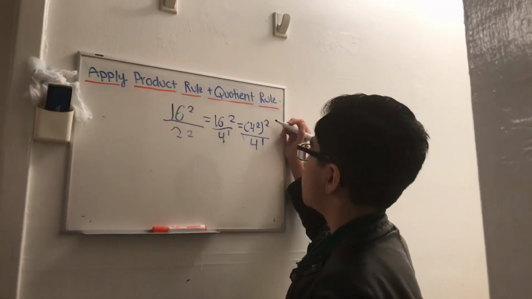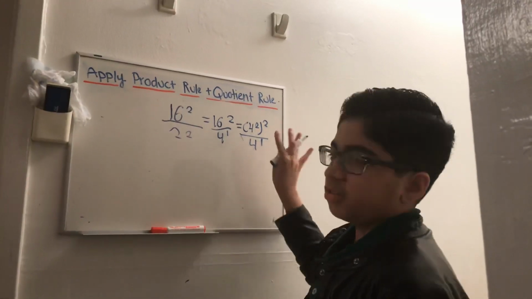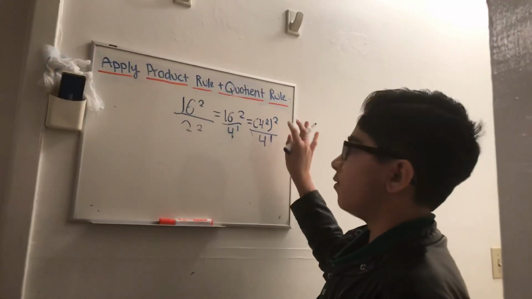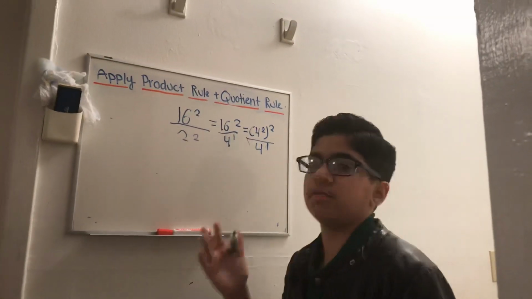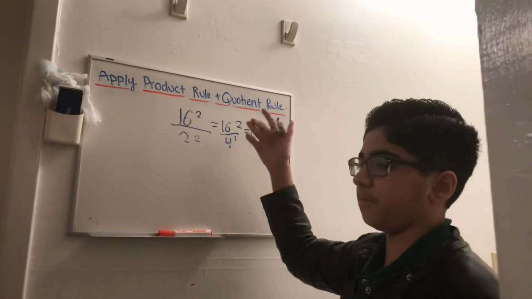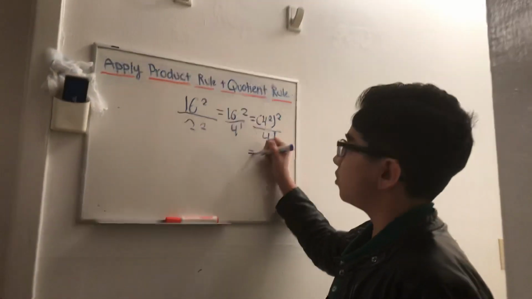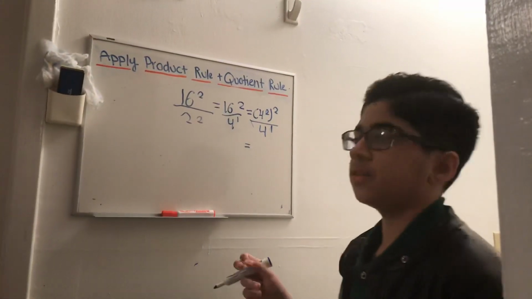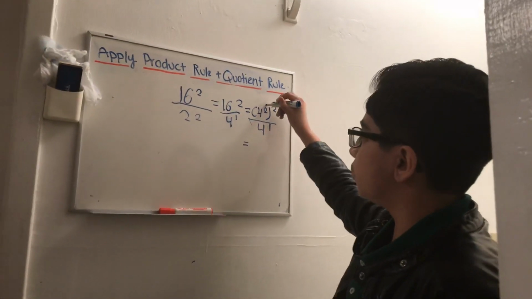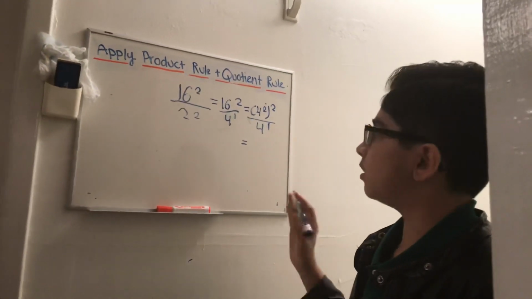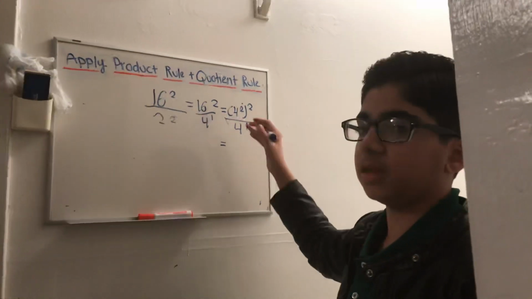And so when you have a question like this, when you have parentheses 4 to the power of 2 parentheses to whatever exponent, what you want to do is apply this rule. So the rule consists of multiplying exponents.